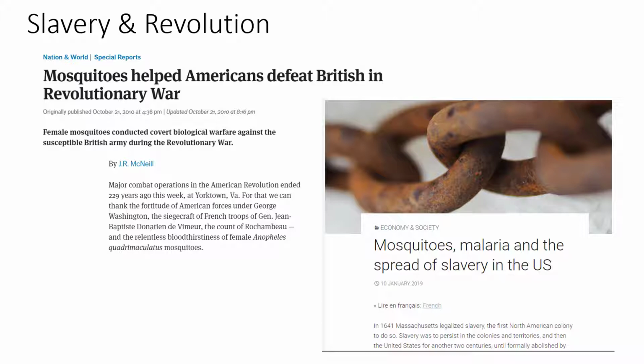Hailing from West Central Africa, many of them were descendants of people who developed genetic immunities to malaria thousands of years ago that made them much more likely to survive the mosquito's deadly bite. Thus, the mosquito played a major role in the emergence and proliferation of Africans as slave labor during the European colonization of the Americas. It also played a major role in the Revolutionary Wars that brought that colonization to an end.